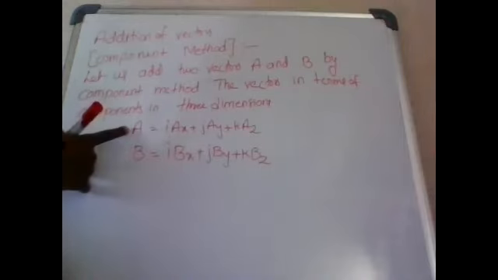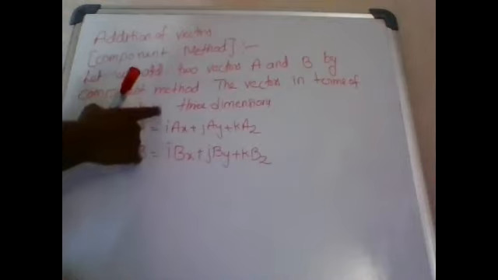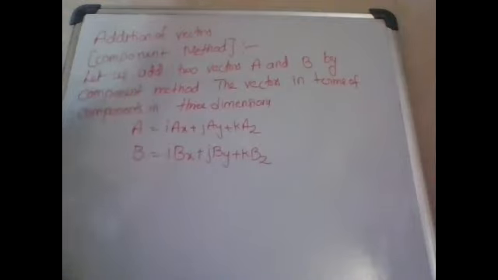Here the A vector has three components and the B vector has three components. Here we are taking three components because we are considering three dimensions. Three dimensions means x, y, z directions. Here i, j, k are unit vectors.